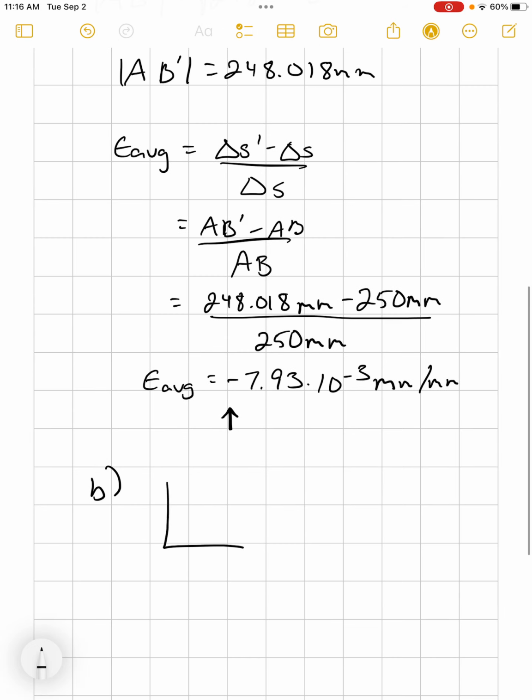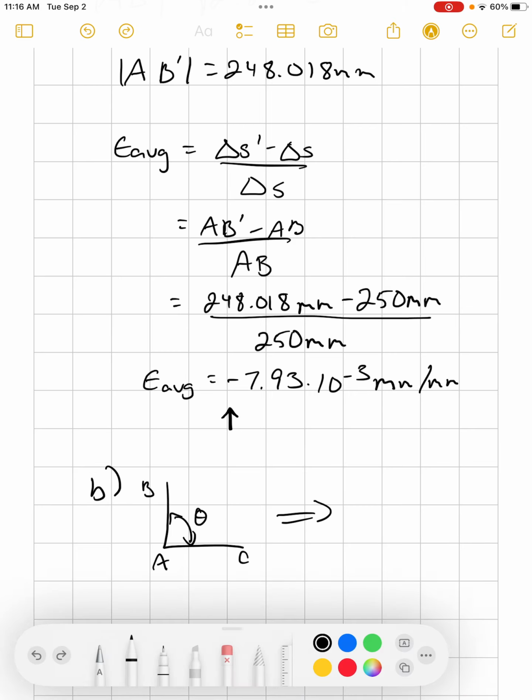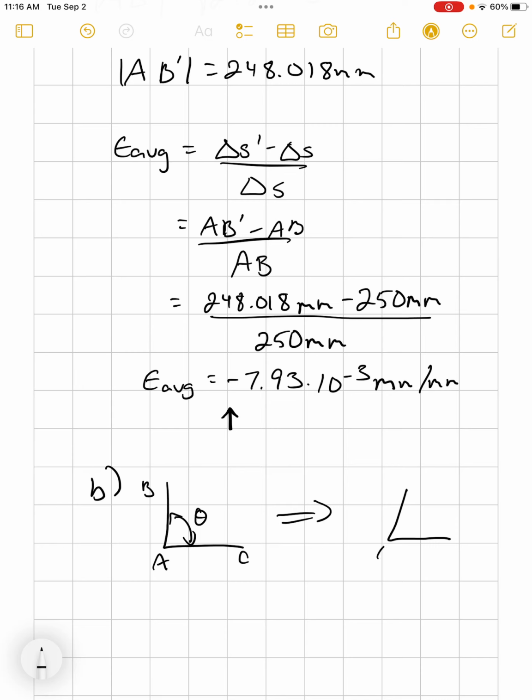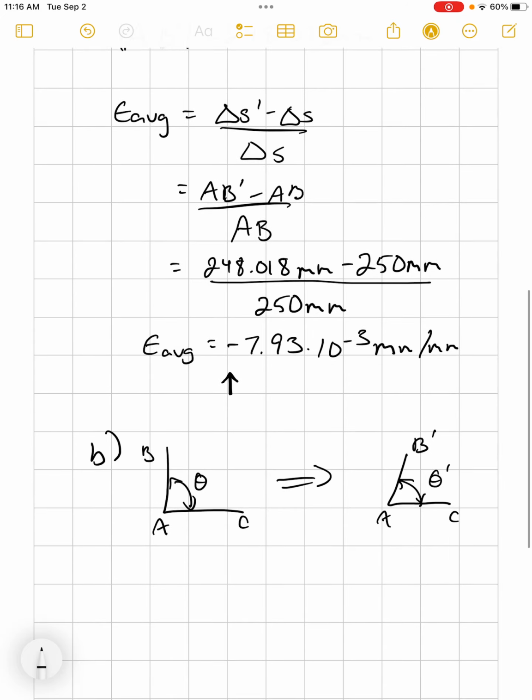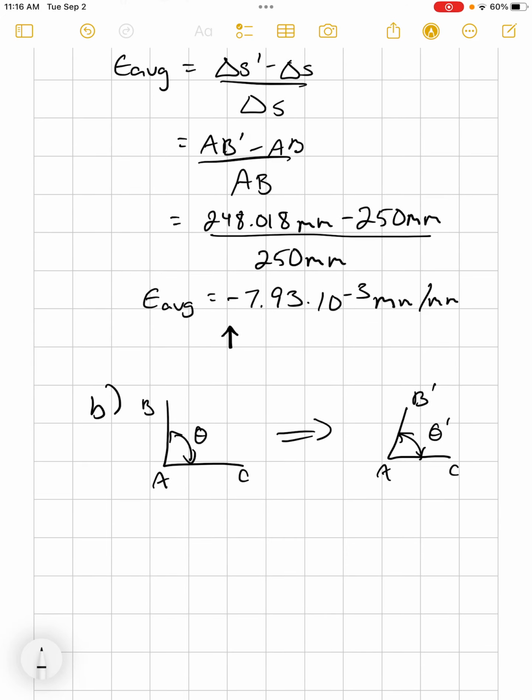So in our case, what we've got is A, B, and C, and this theta here is originally perpendicular, and it's going to get changed to, I've got to draw my angle better, A, B prime up here, and C, and then we're going to call this new angle theta prime, okay?